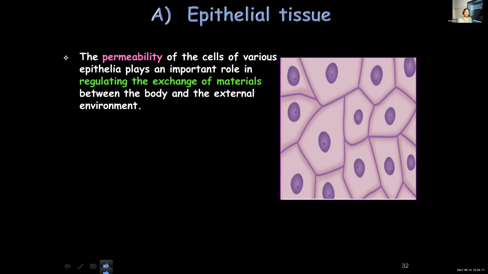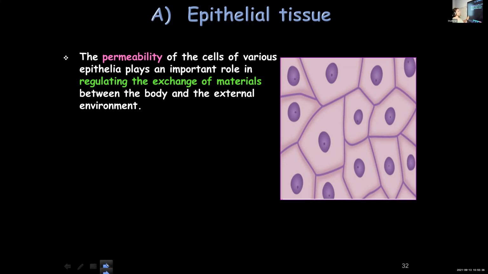So the permeability of the epithelial cells helps in the exchange of materials. If the cells are permeable, it will help in the exchange. If it is not permitting, then these materials cannot be exchanged. That is one important point.